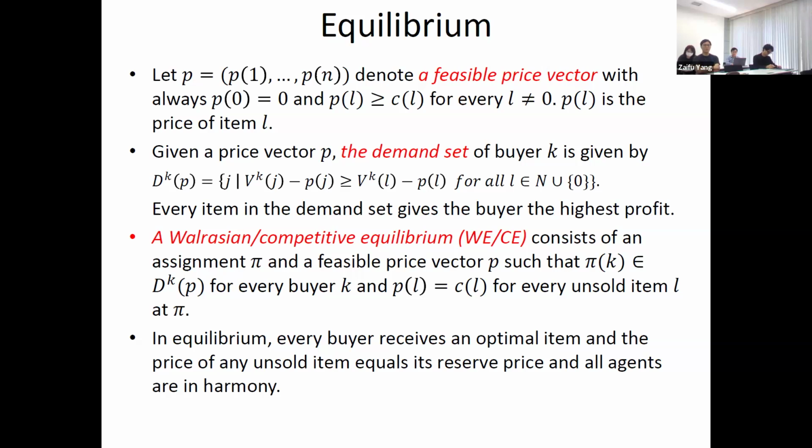Then you have a competitive equilibrium, where every bidder gets an optimal atom, and for every unassigned atom, the price should be equal to the reserve price. That's the point you should pay attention to: the price of any unsold atom should be equal to its reserve price.